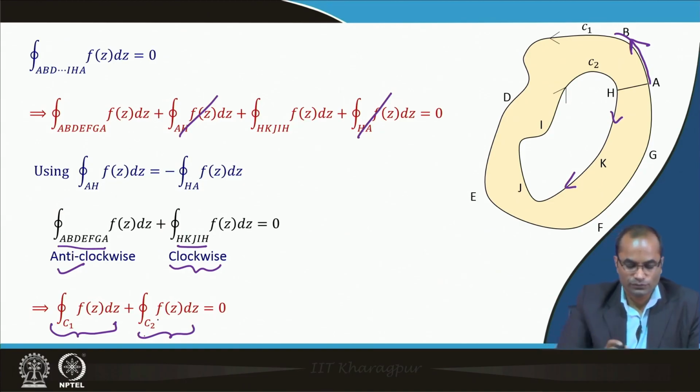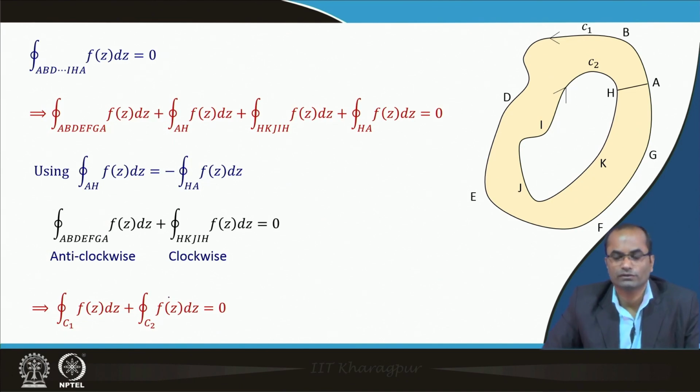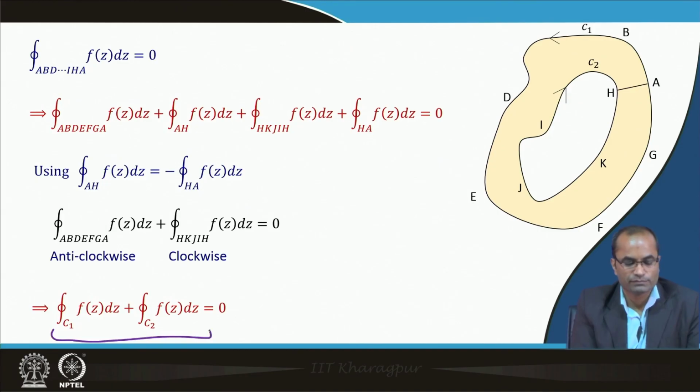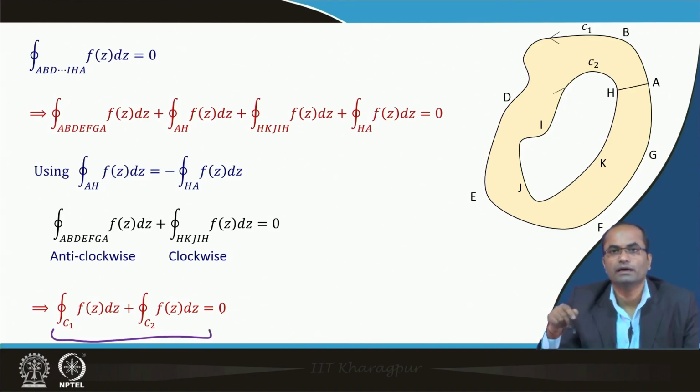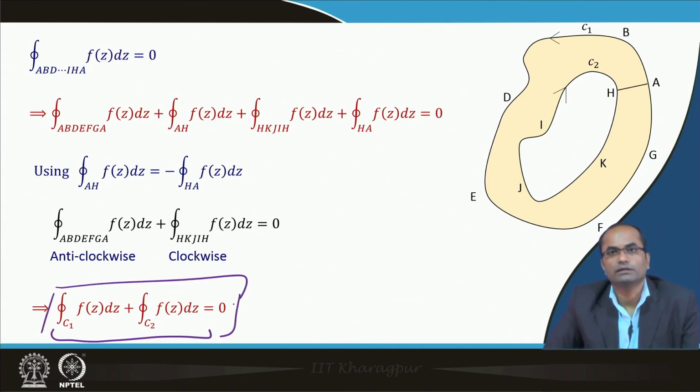The sum of the two here, that is what the Cauchy theorem now, or the generalization of the Cauchy theorem for multiply connected domain says, that the sum of all these, but the outer one should be in anti-clockwise direction, and the inner one is in the clockwise direction. This is the idea, and the sum of all these integrals is equal to 0. This is the Cauchy integral theorem, the extension of Cauchy integral theorem for multiply connected domains.